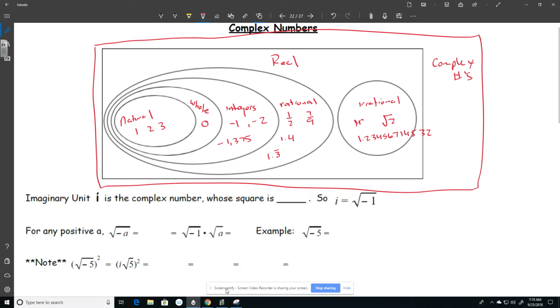We have this imaginary unit called I. It's a complex number, and what's imaginary about it is that this number works so that if I take I squared, my answer is -1.